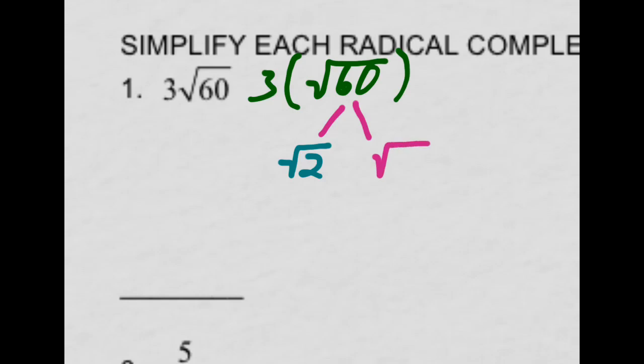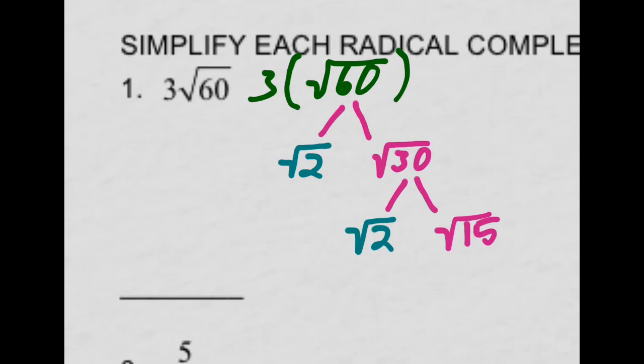And so the square root of 2 times the square root of 30 is 60. And so I'm going to factor that out. And once again, I divide by 2, or the square root of 2. So radical 2 is another one of my dead ends. And the other factor of 30 is the square root of 15.